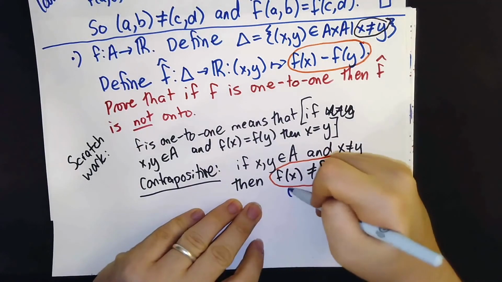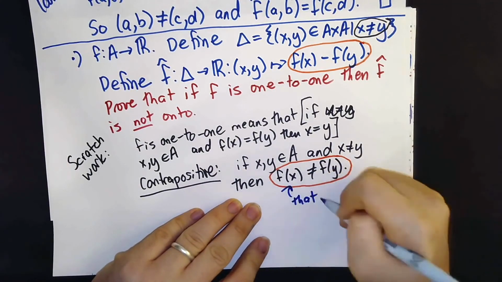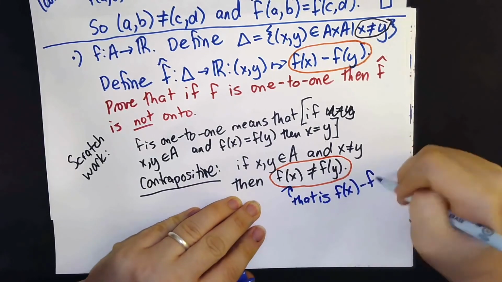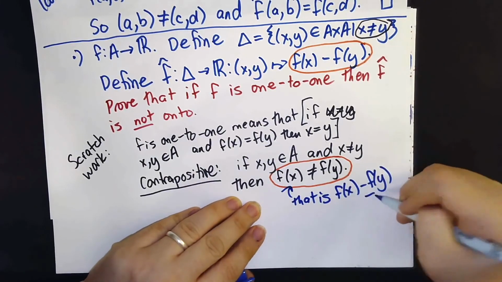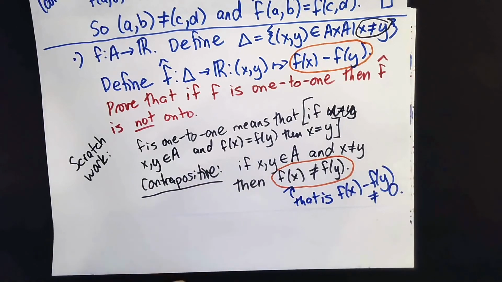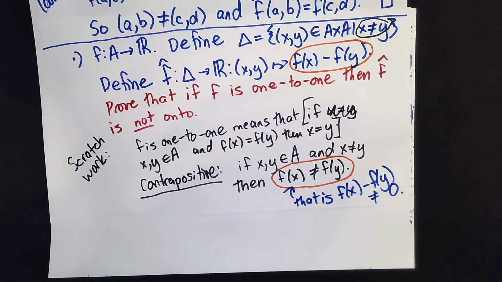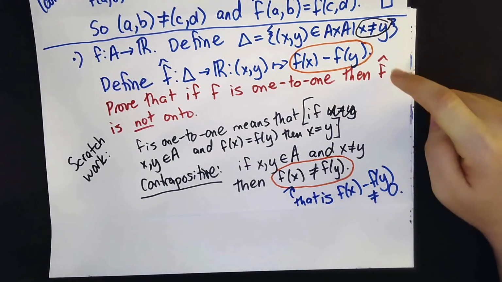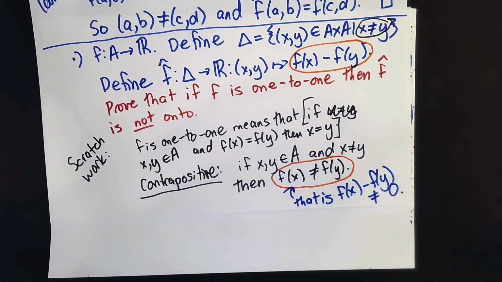So this thing actually means the same thing as f of x minus f of y is not 0. Take a minute, if you don't see it right away, and think about how this mess of rewriting that we've done is going to let us show the thing we want, which is that f hat is not onto.